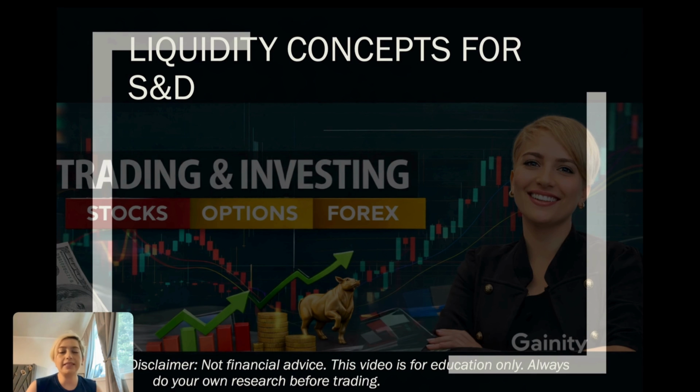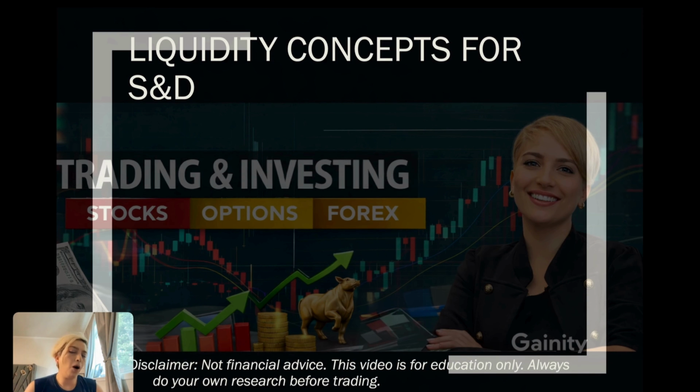Now that we understand the foundation of supply and demand zones, there is one more critical concept we need to consider before entering a trade, and that is the liquidity sweep. A liquidity sweep is a move often used by large institutions to trap retail traders and fill their own limit orders at better prices.